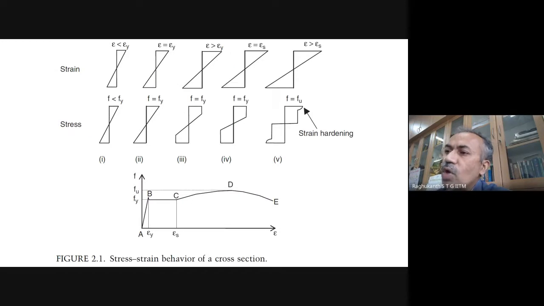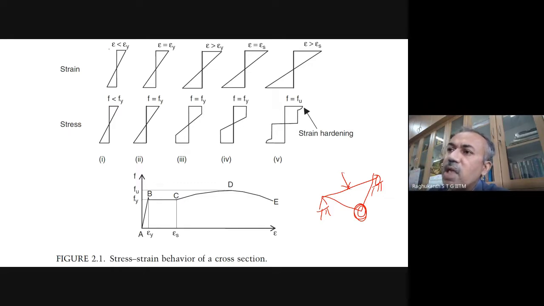Now, if you look at a cross section of the same simply supported beam subjected to a concentrated load, and you find the stresses at the maximum bending moment portion, this is how the strain distribution and the stress distribution look over that cross section.